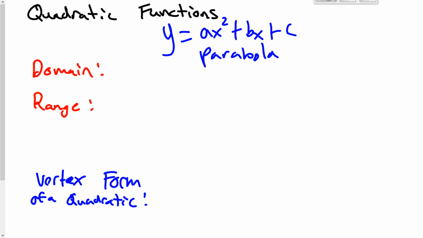And every parabola, every quadratic, the domain is from negative infinity to infinity. And then the range is based off our vertex, right? Our vertex is the lowest or highest point.